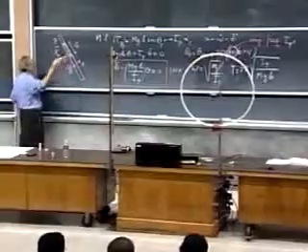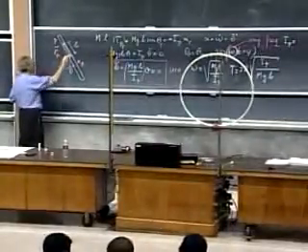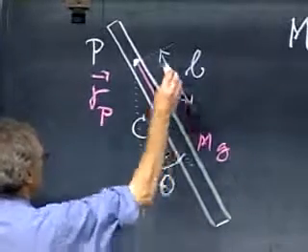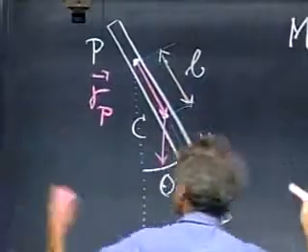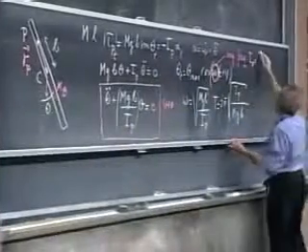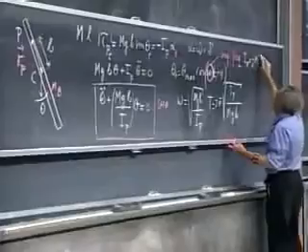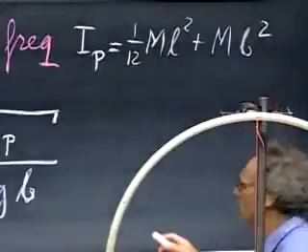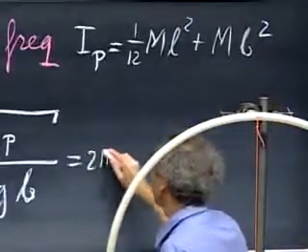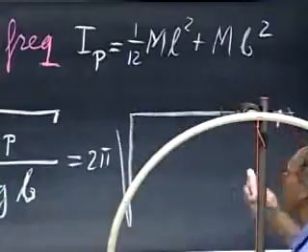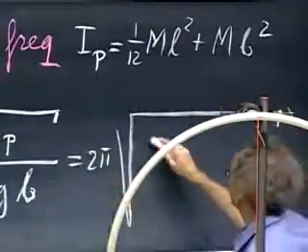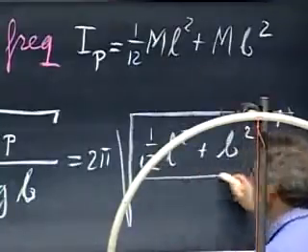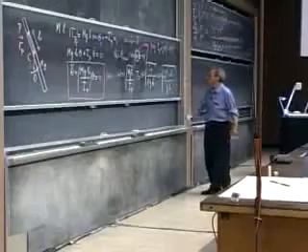If it were rotating about the center of mass, about this axis, then it would be 1/12 mL squared, and so we have to add mb squared. We did something similar there. So this is 1/12 mL squared plus m times b squared, parallel axis theorem. And so now we find that the period is 2 pi times the square root of, I lose my m, so I get 1/12 L squared plus b squared, and I get here gb.